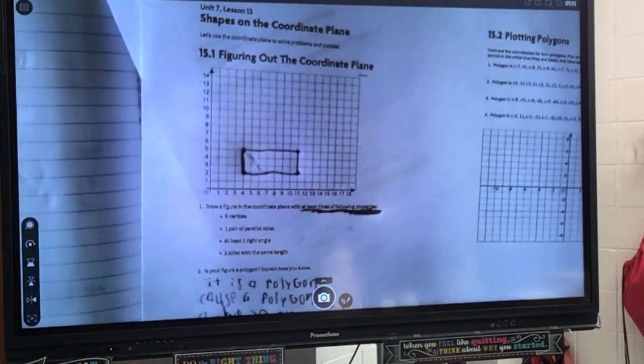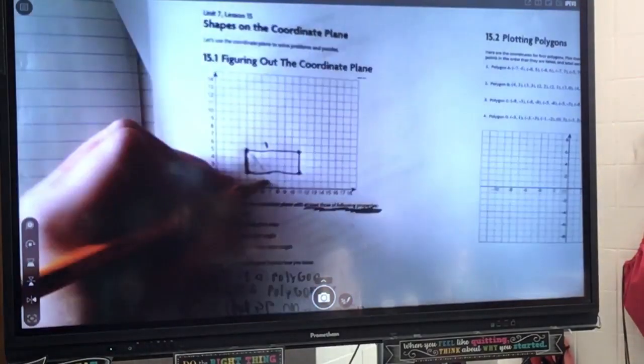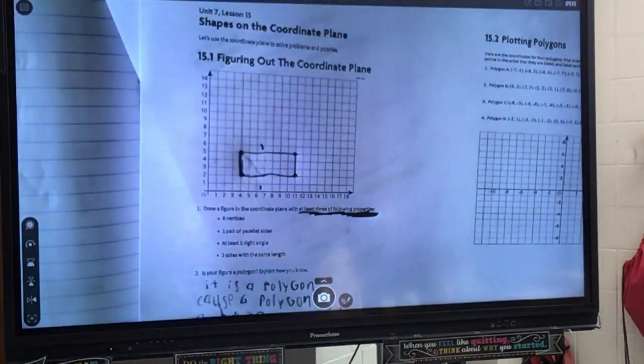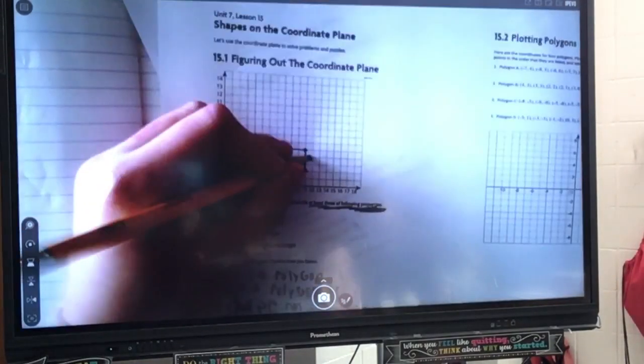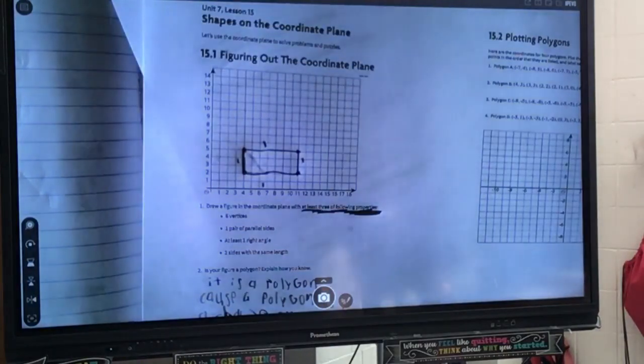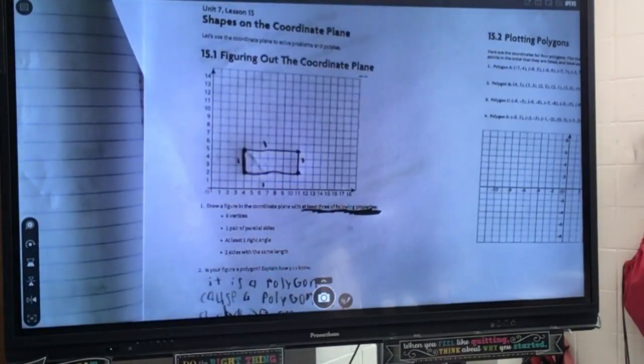One pair of parallel sides. Okay, where are those? Right here and there. Okay, do you have other parallel lines on yours? Yeah, right here. There. Perfect. Alright, what else did you pick? I have at least one right angle and two sides are the same length.